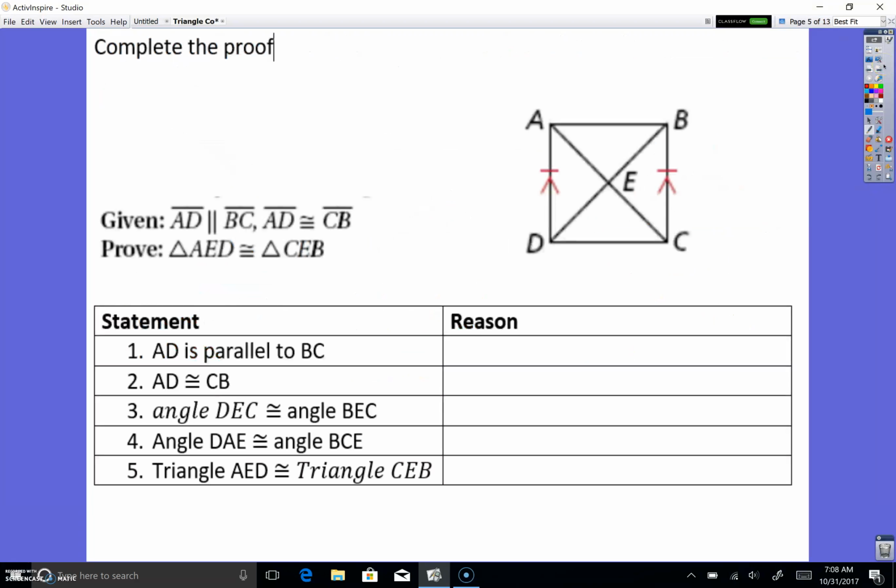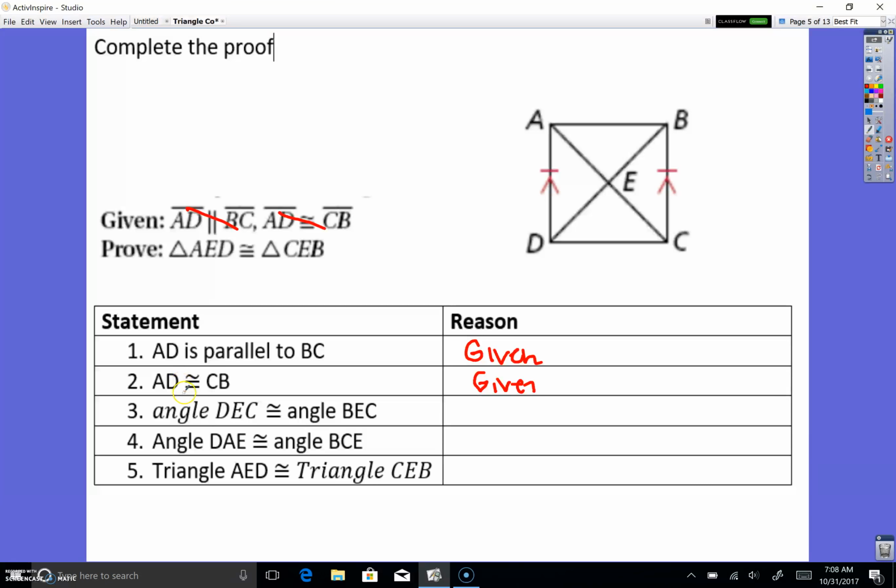The next part we do is completing the proof. We're given AD is parallel to BC. So AD is parallel to BC, that is given. I use my given here. AD is congruent to CB, that's given. Now, I have one congruent statement.